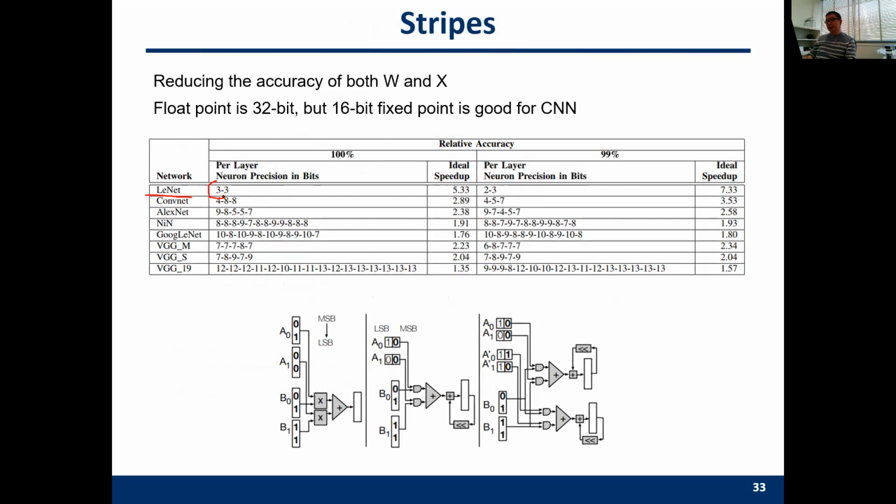Each layer only has 3 bits. For a deep neural network like AlexNet, because it's more complicated, I can provide 9-bit, 8-bit, 5-bit, 5-bit, 7-bit to different layers. So to compute different layers, you need a different bit width. Sometimes you need a 5-bit adder, sometimes you need a 7-bit adder.